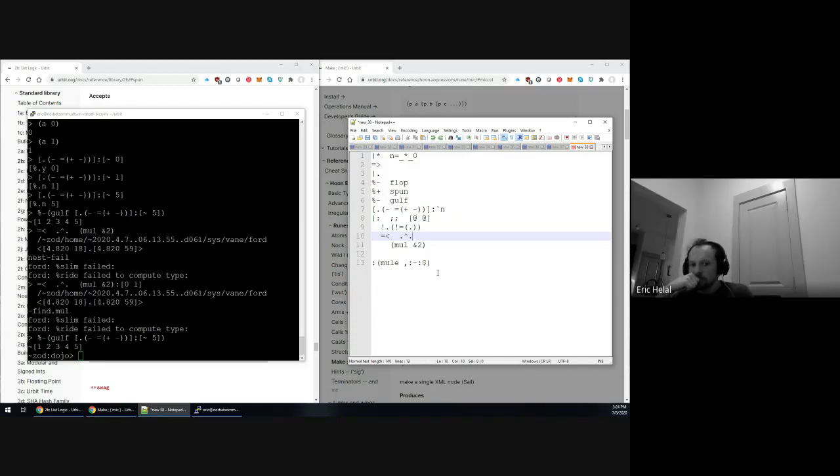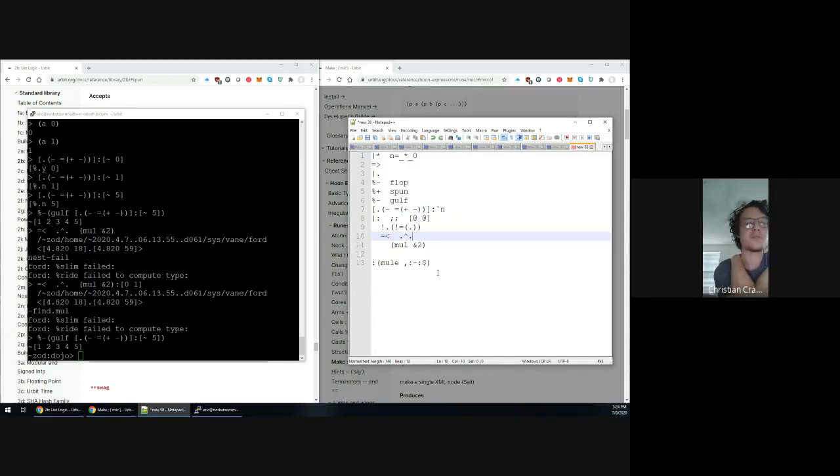Because the output of the gate, the tail, becomes the state which gets plugged in for the next one, and the head becomes the new list which is produced. Okay. And so what spun is doing is producing a list of factorials.